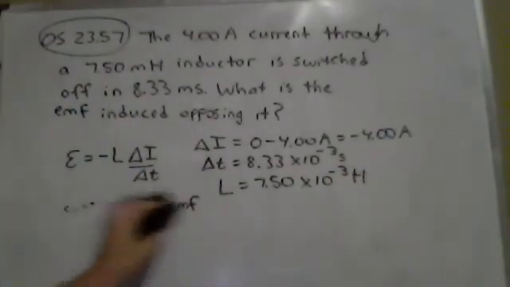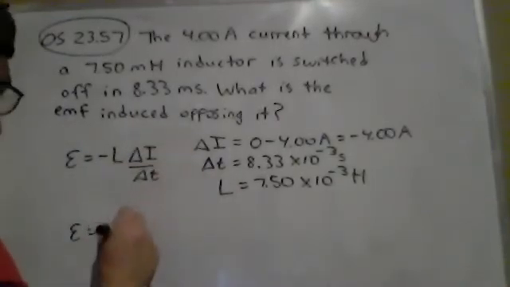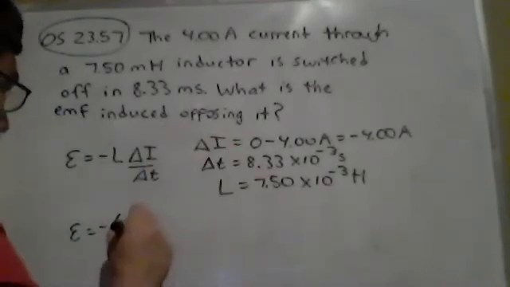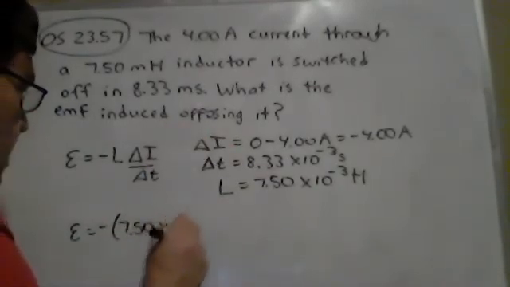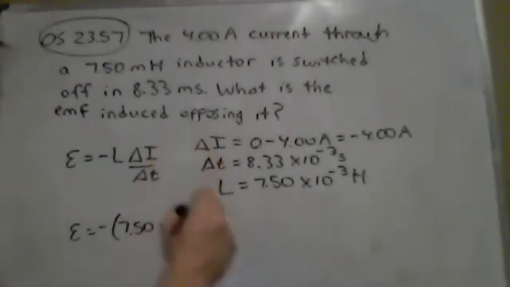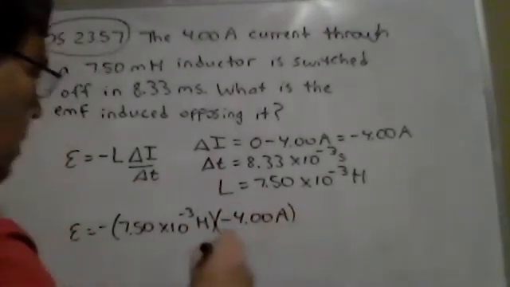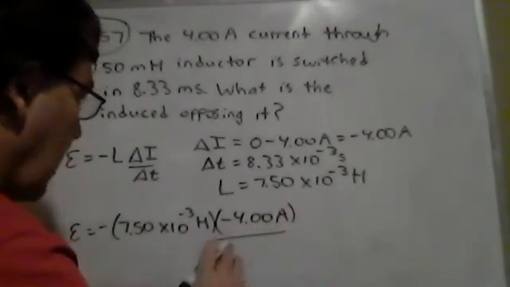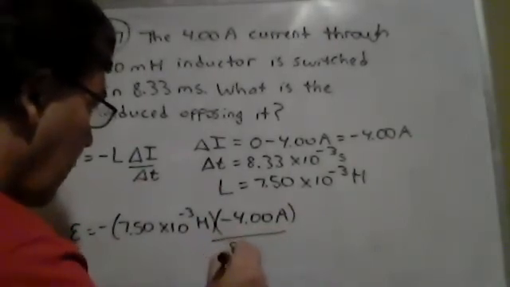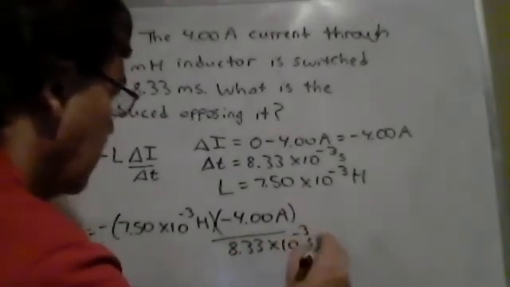So I'm now able to calculate the self-induced EMF. Epsilon is negative L delta I over delta T: 7.50 times 10 to the negative 3 henries, times delta I, negative 4.00 amperes, over delta T, 8.33 times 10 to the negative 3 seconds.